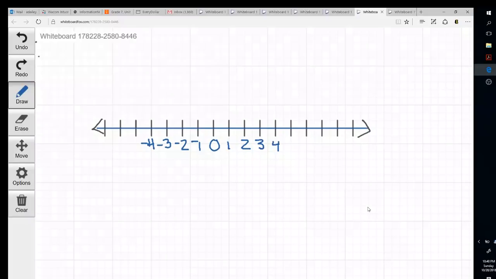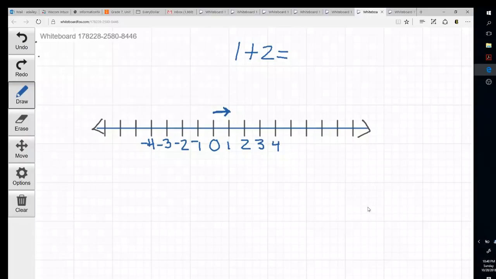So my first problem is 1 plus 2. Well, we all know the answer to that, but let me show you. Let's start off with this easy problem to show you how to model that. So we start with our 0 always and go 1 space to the right because it's positive.